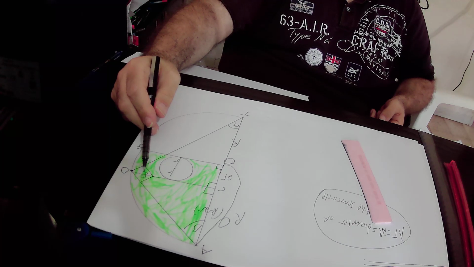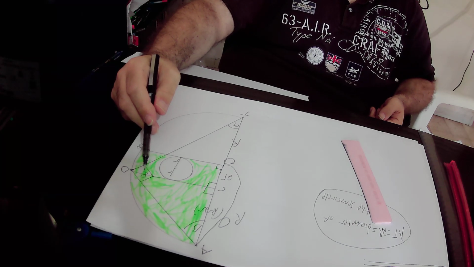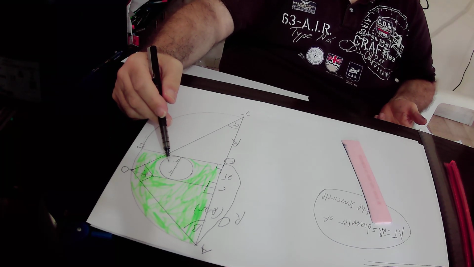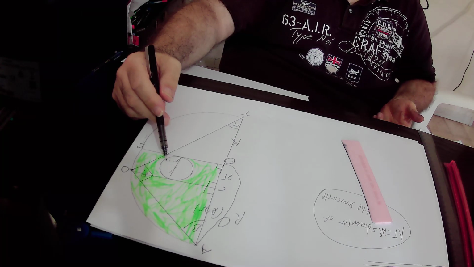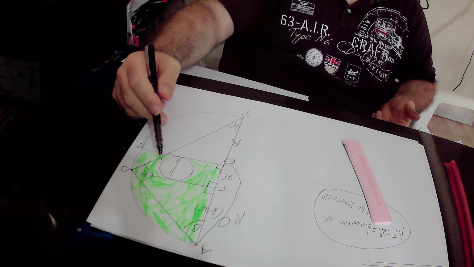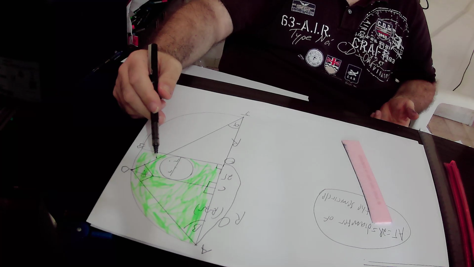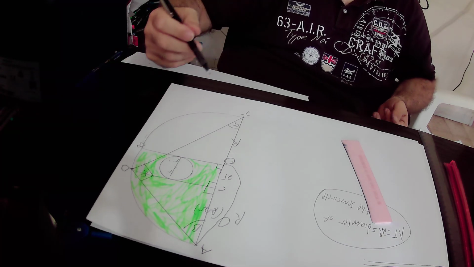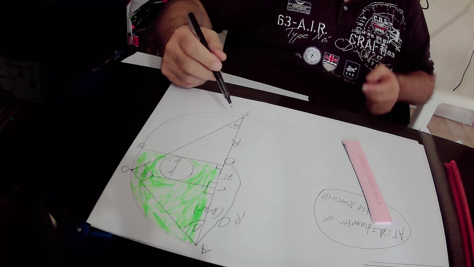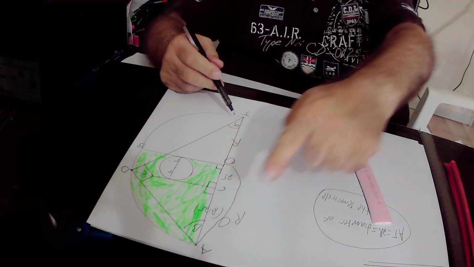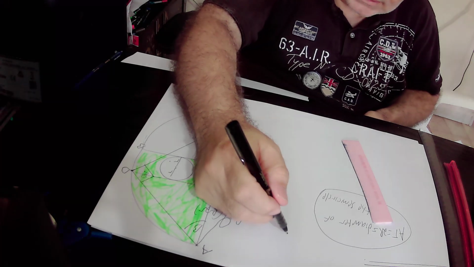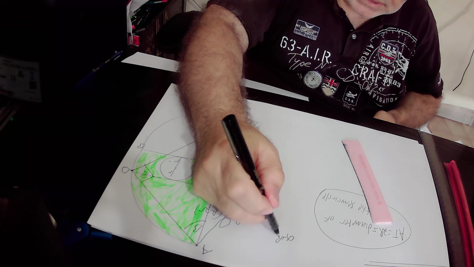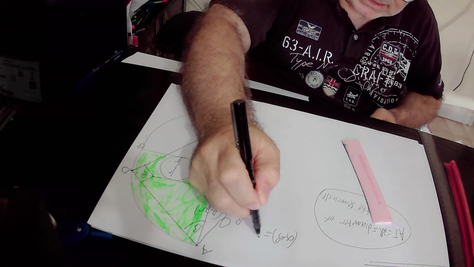Therefore, the sum of the other two angles must also equal 90 degrees, in order to complete the sum of the angles in this triangle to 180 degrees. That is to say, alpha plus beta equals 90 degrees.